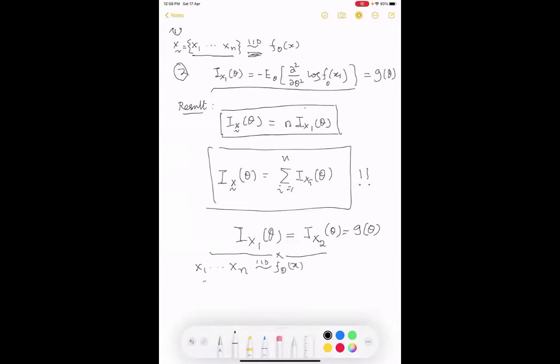My statistic is T of X tilde, let us just call it T. It's an operation on the random variables, so T is also a random variable. T will also have its own distribution. Let's call it G_theta(T). Are you okay with me?